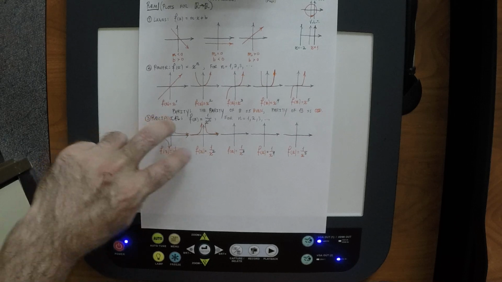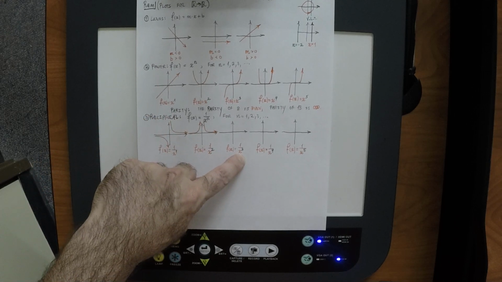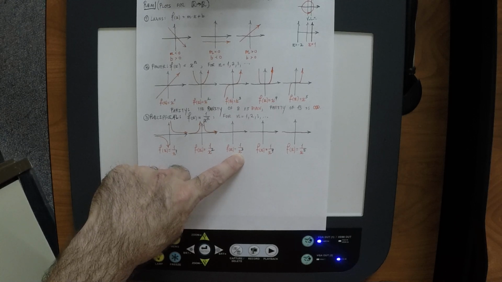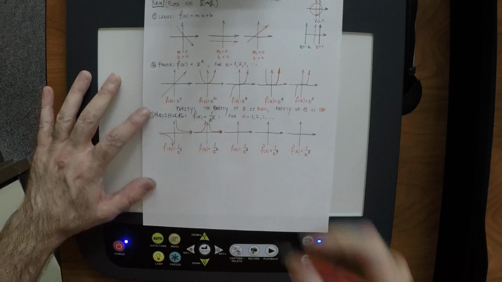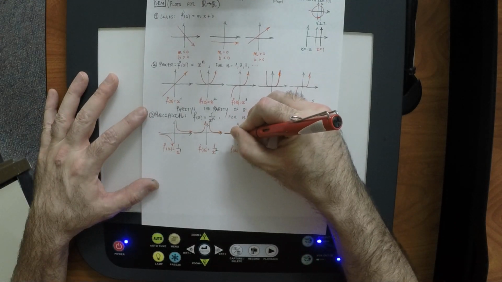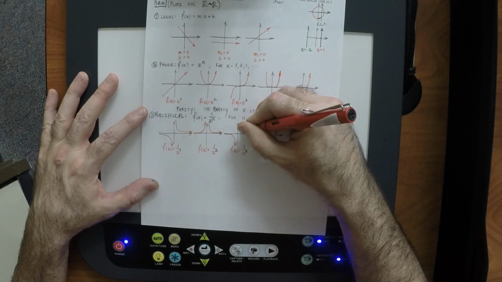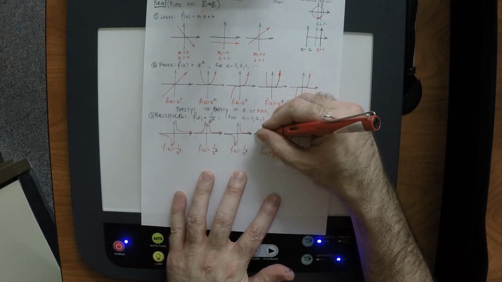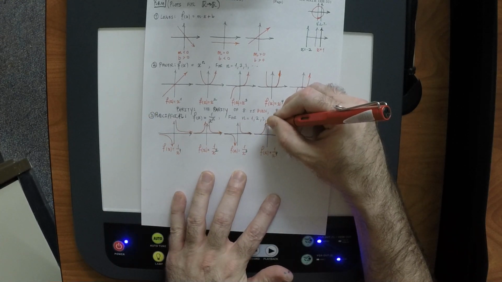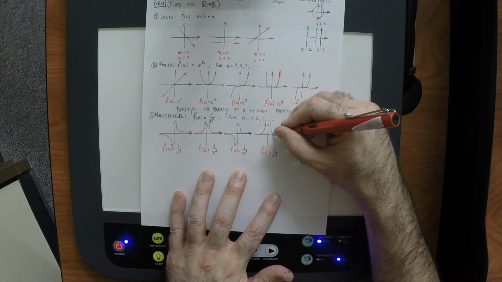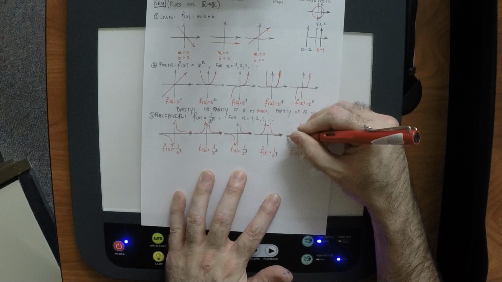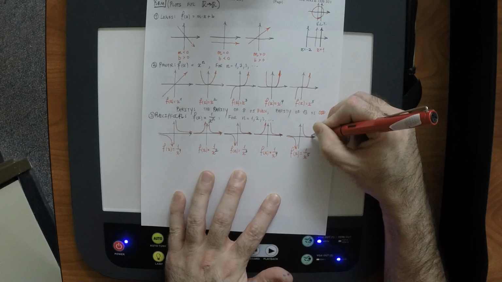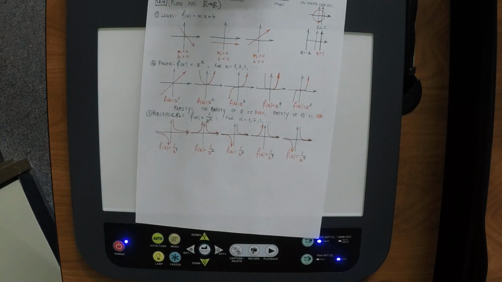That is to say, with the cube, notice that the cube preserves the sign of the input. So if the input was positive, the result is positive, and if the input was negative, the result is negative. So it looks like this. Okay, getting very squeezed there, and it just continues. But what I want you to take away from this is just, again, the parity issues. Parity strongly affects the result.